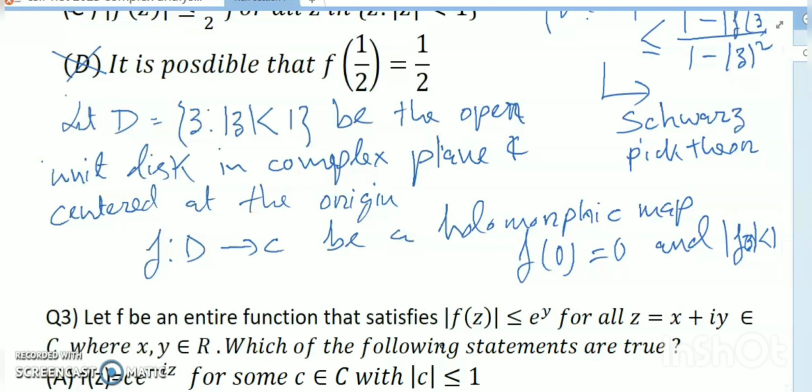Now fz is equal to 0.99. Suppose z equals 0.99, then it is outside of the codomain, because f has the d bar.